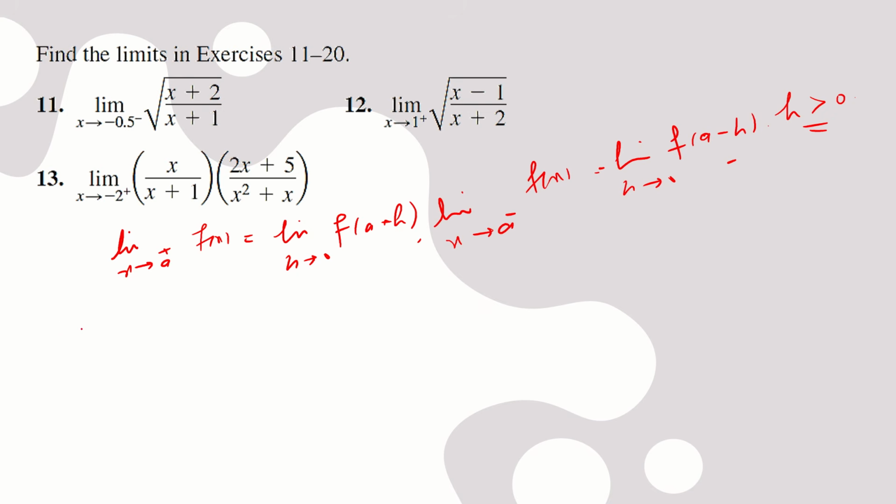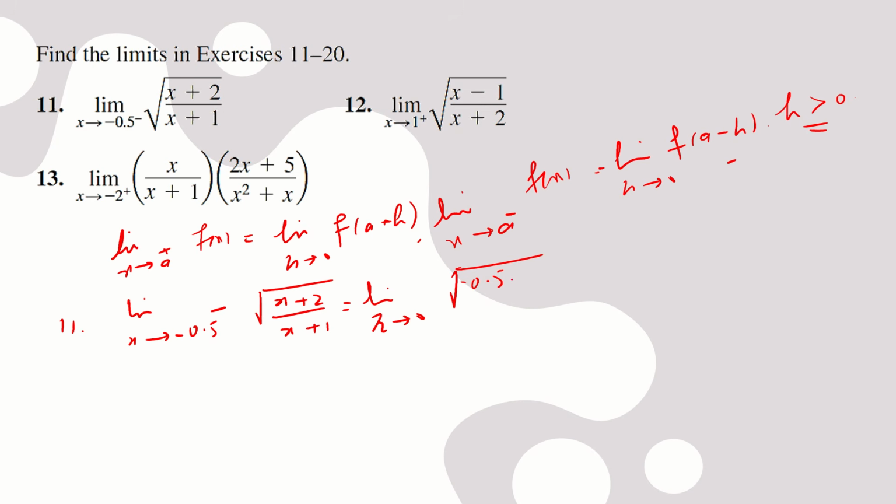So if you do question number 11, it's a very simple one. Limit x goes to minus 0.5 from left side, and then we have under root x plus 2 divided by x plus 1. So what would we do? We take limit h goes to 0, as I said, and we replace x by minus 0.5 minus h, so under root minus 0.5 minus h plus 2 divided by minus 0.5 minus h plus 1.